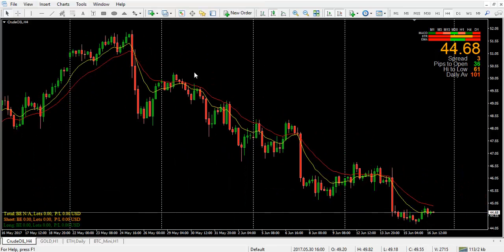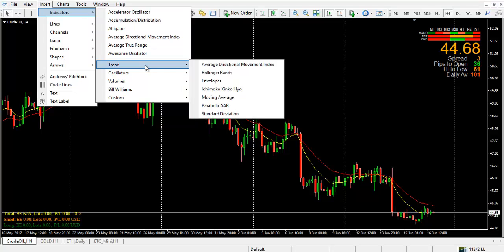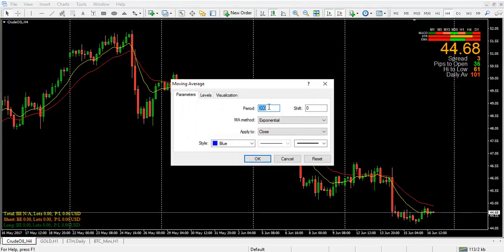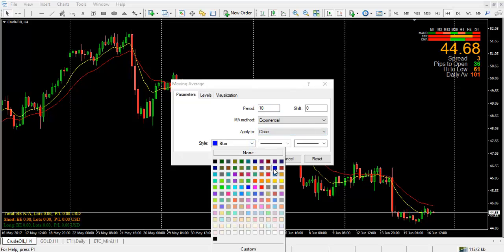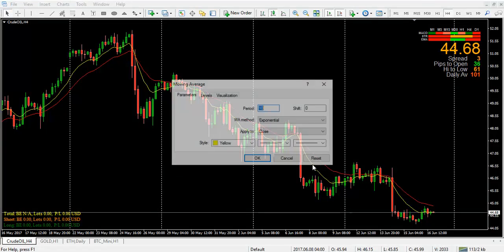First, if you don't know how to add the moving averages, you go to insert, indicators, go to trend. Here you'll see moving average. Go to moving average, select here 10, keep MA method exponential, apply to close. Always choose apply to close and yellow. Then you'll have this moving average here.